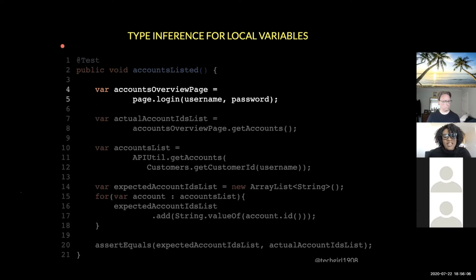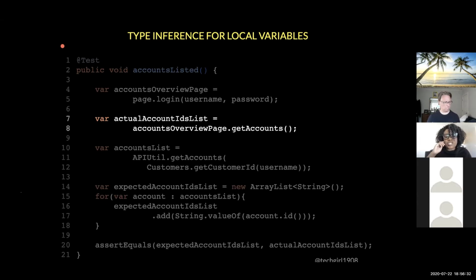Now I've updated our test method to use vars. So I'm using var here, and the inferred type is very clear to me as the reader because of the variable name that I chose. Here I had to change the variable name. The one I had was actual accounts, which wasn't a bad variable name, right? But when I changed it to var, it wasn't clear what this represents.